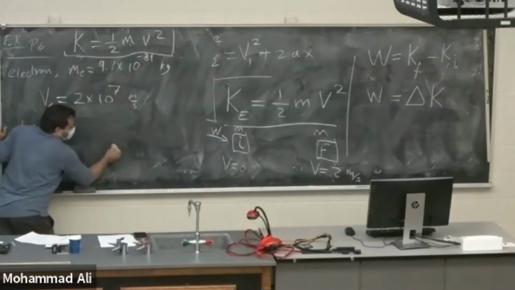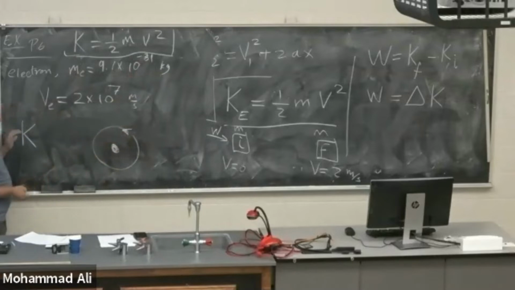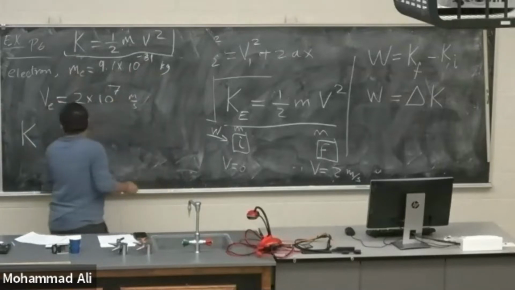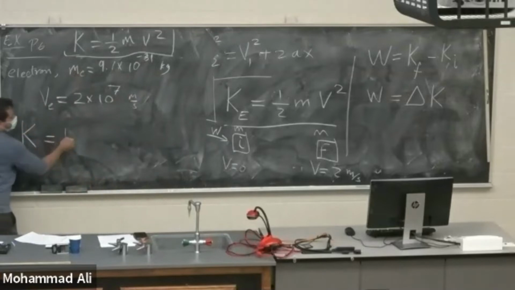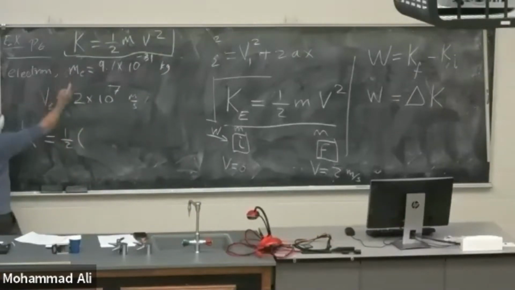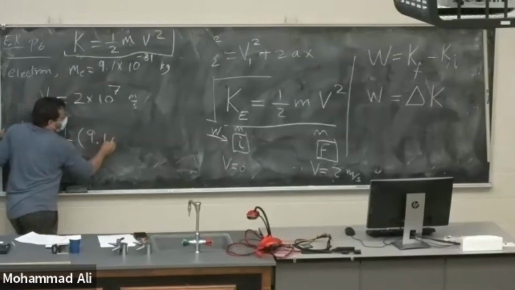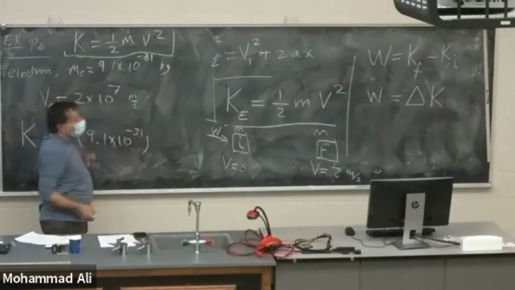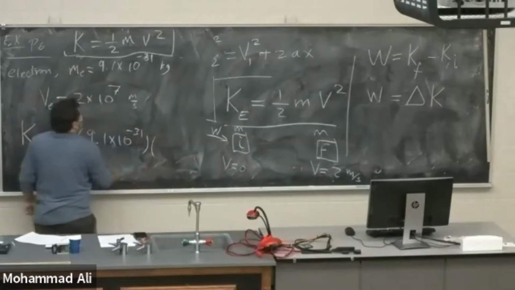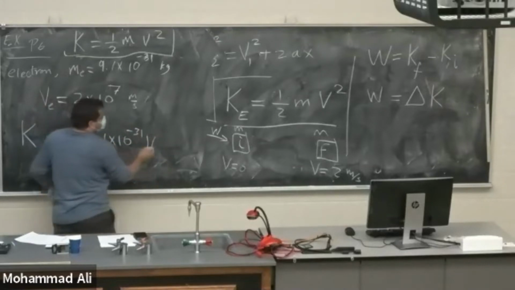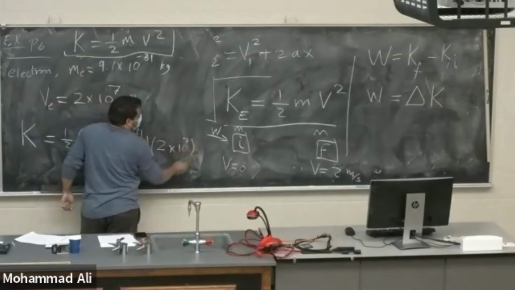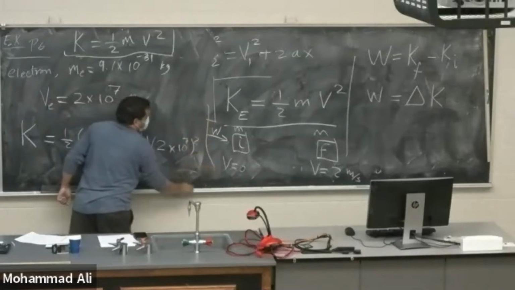In the hydrogen atom, at the first level, it is equal to half multiplied by the mass, which is 9.1 multiplied by 10 to the negative 31 kilograms, multiplied by the velocity squared, 2 multiplied by 10 to the 7 squared.